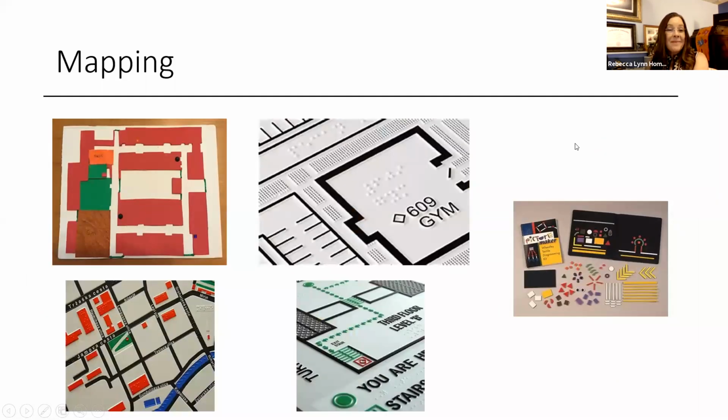Here we have tactile maps. Our first map up here on the left is a tactile map that was created of a school. And so the student helped to make this, and in the process of making it, they are more apt to understanding how it's set up. And we have a commercially made map of a school.